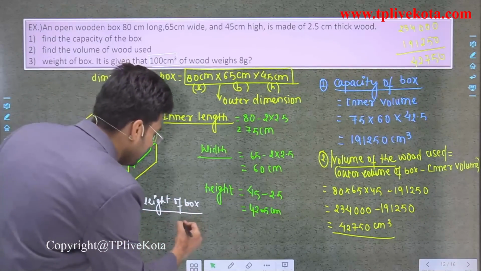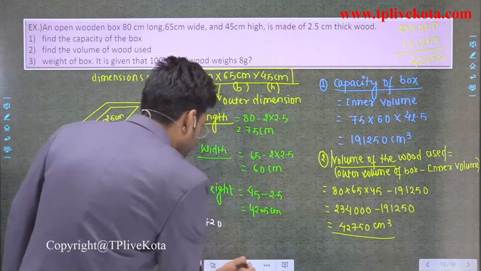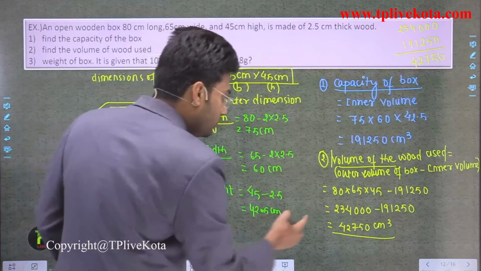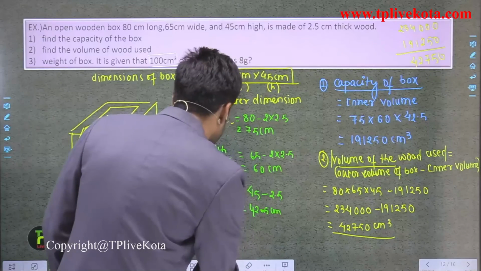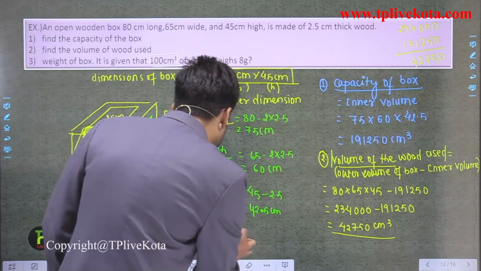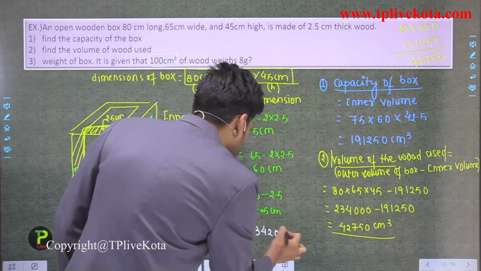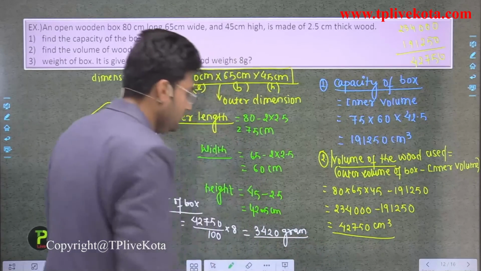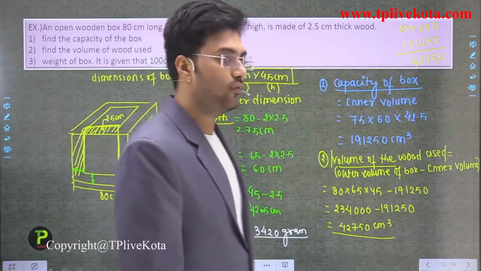So weight is equal to 42750 divided by 100 multiplied by 8. It is 3420 grams. Clear? So students, these are the answers for this question.